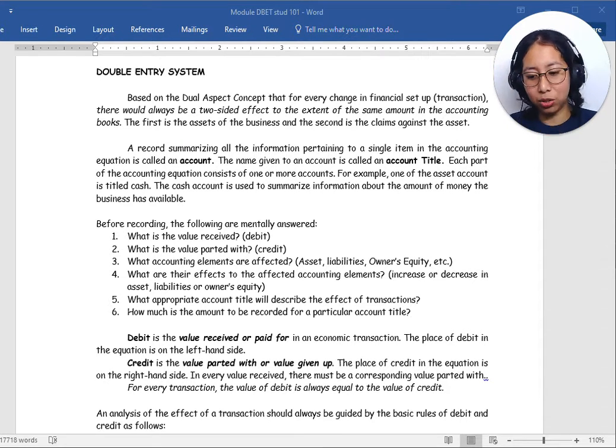Itong lahat ng transaction na ito, bayad ng renta, we call it rent expense. Itong lahat ng ito ay bayad sa tubig at ilaw, we call it utilities expense. Okay. Accounts payable, rent expense, at utilities expense ay mga example lamang ng account title. Yung account title na tinatawag din nating account.